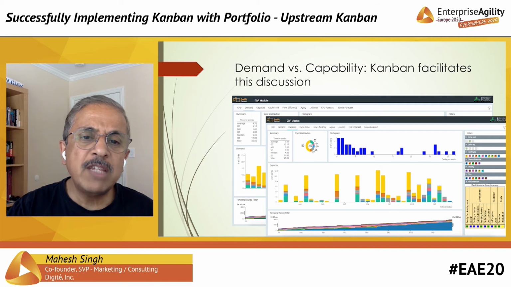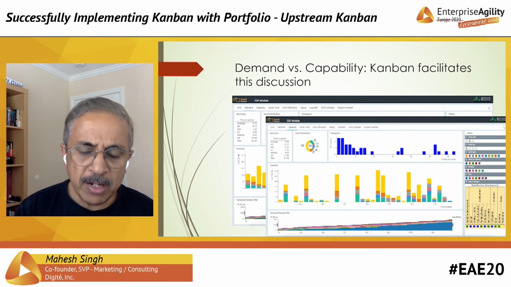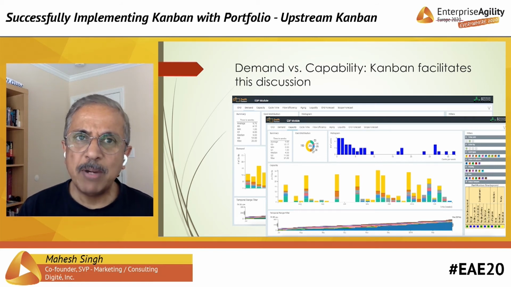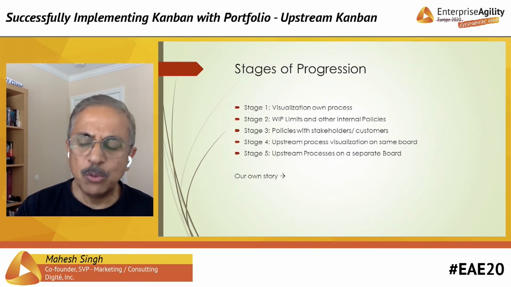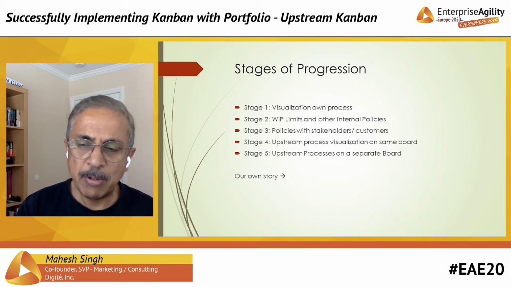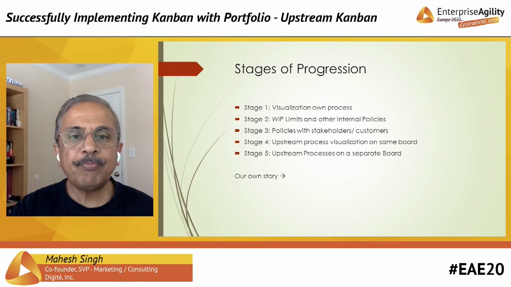Fortunately, as you can see here, we are reasonably balanced in the way that we are able to deliver our work. So therefore, we are able to manage. And it is, I think, thanks to implementing Kanban in a very organized manner that we are able to achieve this. So Kanban really helps you meet that demand versus capability equation much more effectively than otherwise.